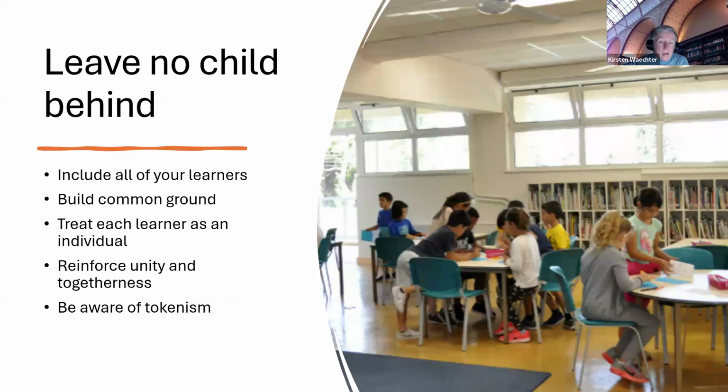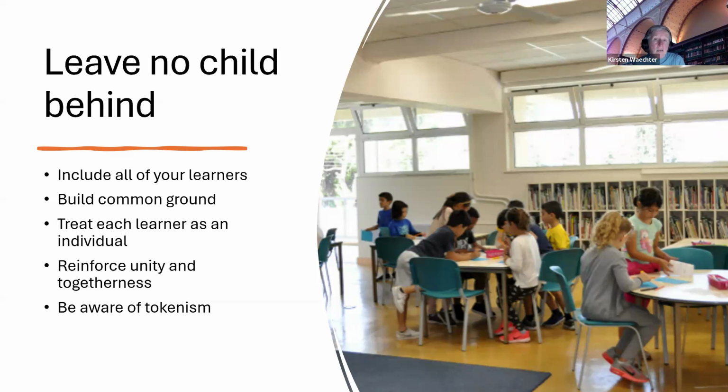And again, leave no child or grown-up learner behind. I think it's important to include all learners, even the boys with a loud mouth, or the girls who want to be a ballerina, something like this. Build common ground. Allow your learners to build common ground and to find out what they share.